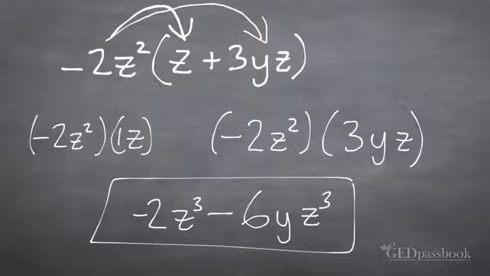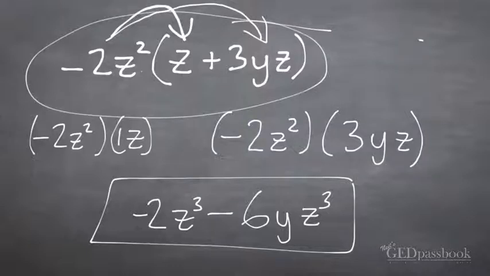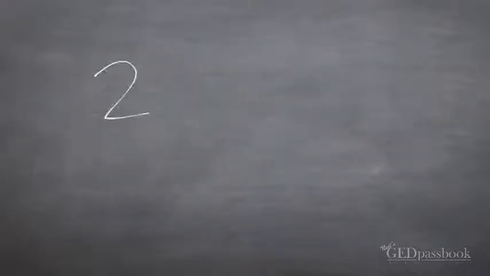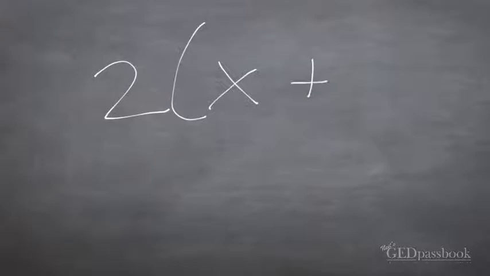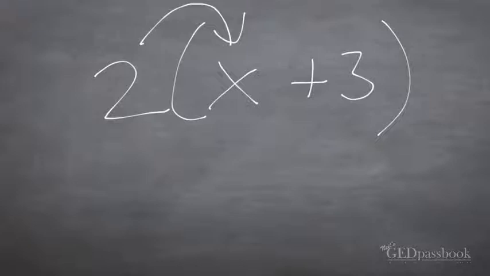Any questions on distribution? It's always going to look like this, either this complicated or a little less complicated, such as 2x plus 3. Tell me, what is 2 times x? 2x.